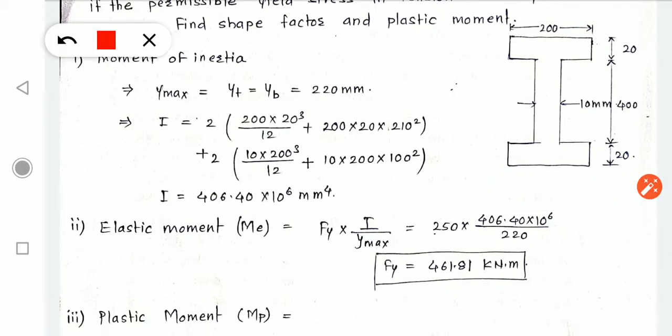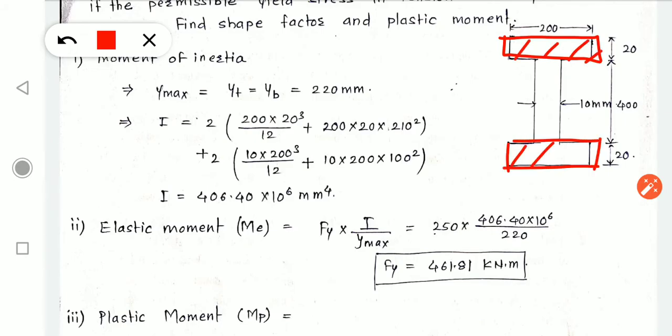So see here, I will be twice of, because we want to analyze I for this complete I section. I have chosen the first rectangular part from the top side and from the bottom side.